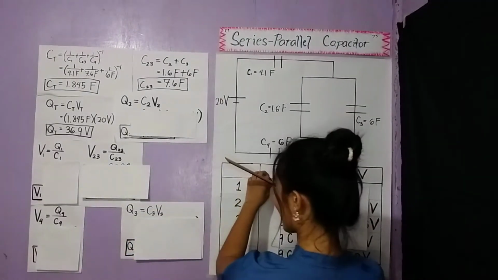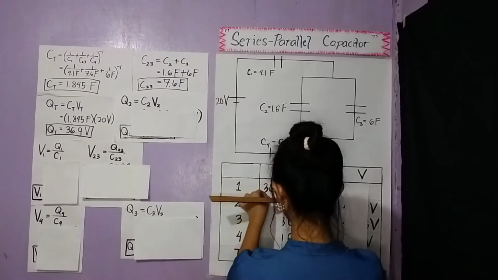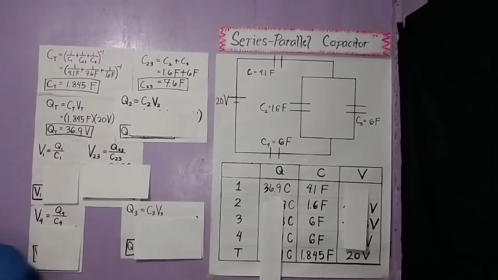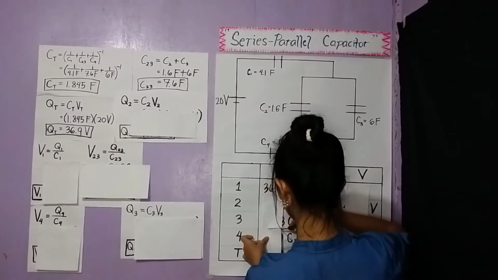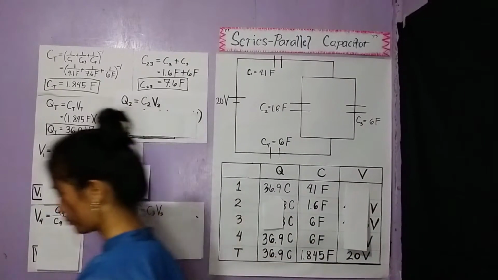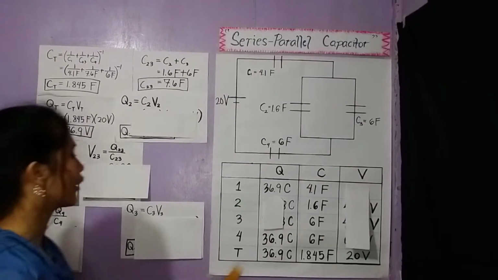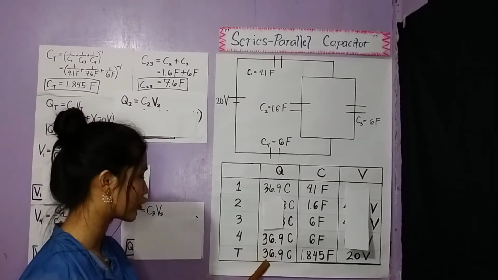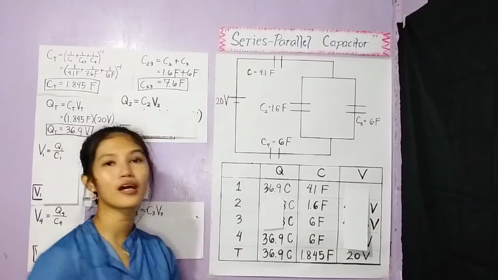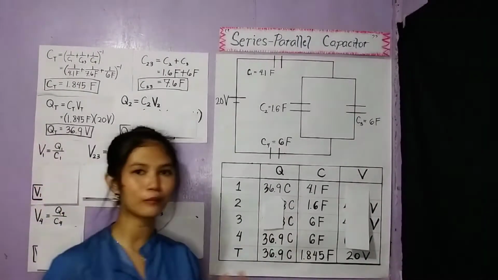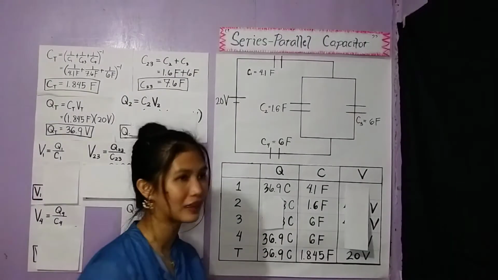So here we have Q1, Q4, and Q total, which have the same value, the same column or answer.